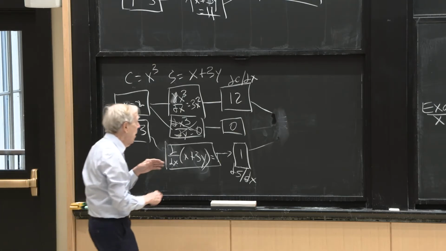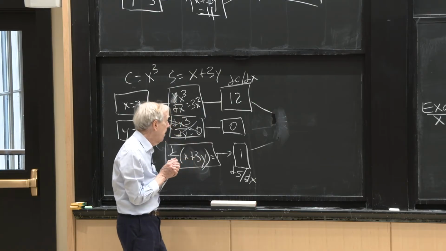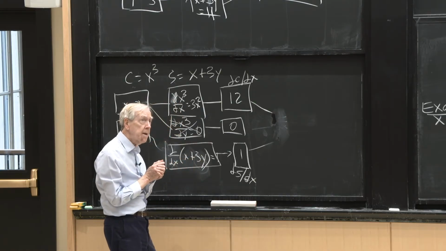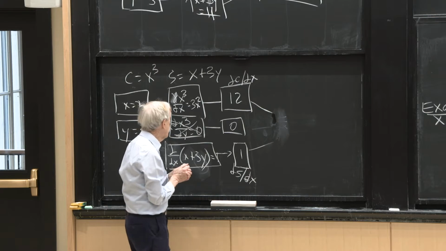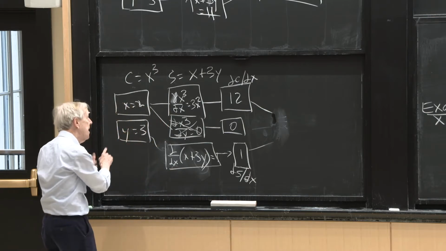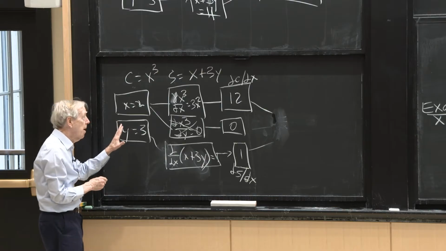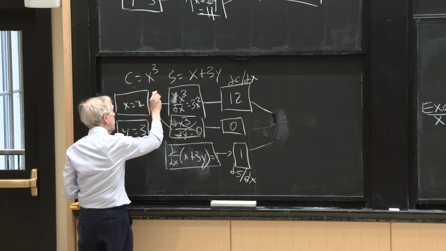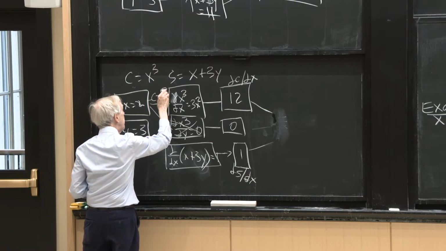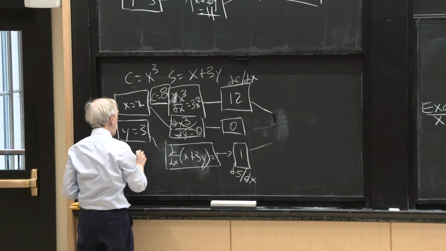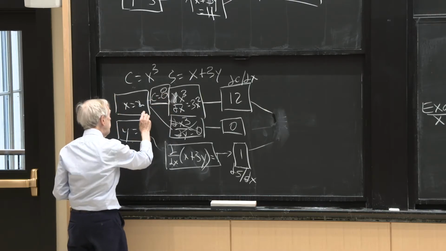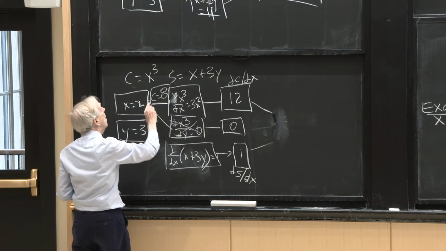But now I want to use the product rule. And I'm taking x derivatives, right? So I should have computed c and s. Yes, I see I've got to need those in the product rule. So I should have computed c as being 8 and s as being 5.